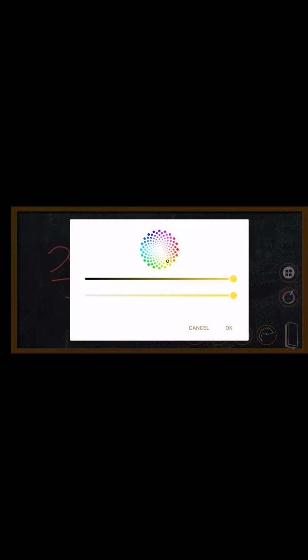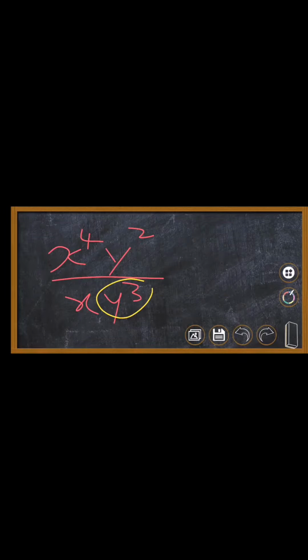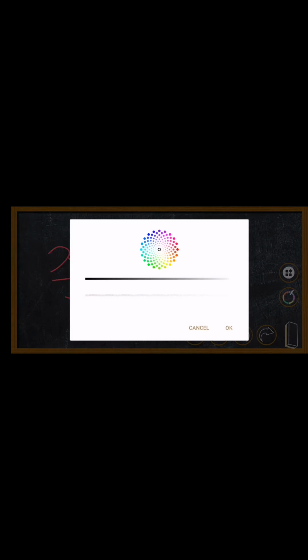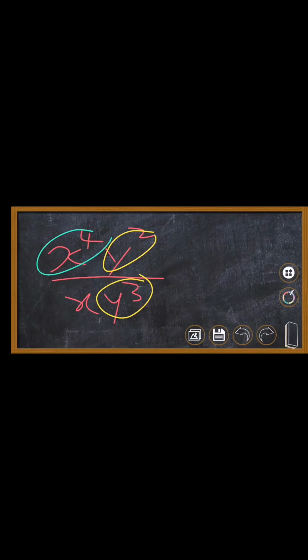So x to the power of 4 y squared over x y cubed. Now let's circle our like terms. So this one and this one, and this one. In this case, x is to the power of 1, right? Because it does not have a power or an exponent, to be clear. So where does this x go?